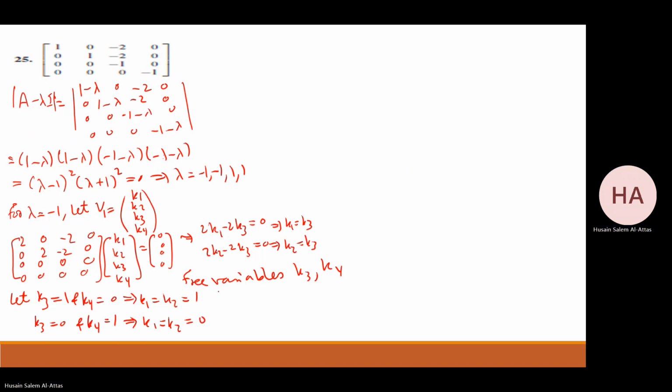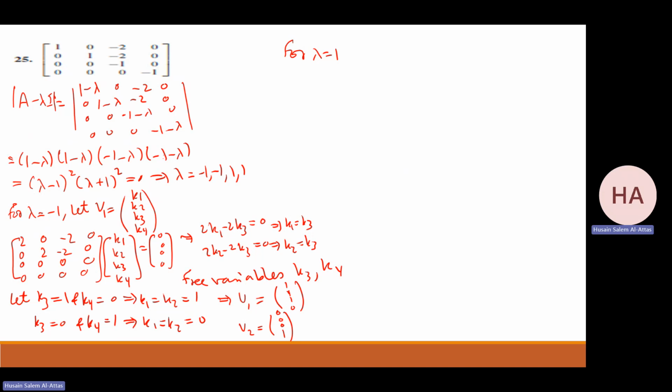The vector here will be 1, 1, 1, 0. The vector here will be everything 0 except K4: 0, 0, 0, 1.